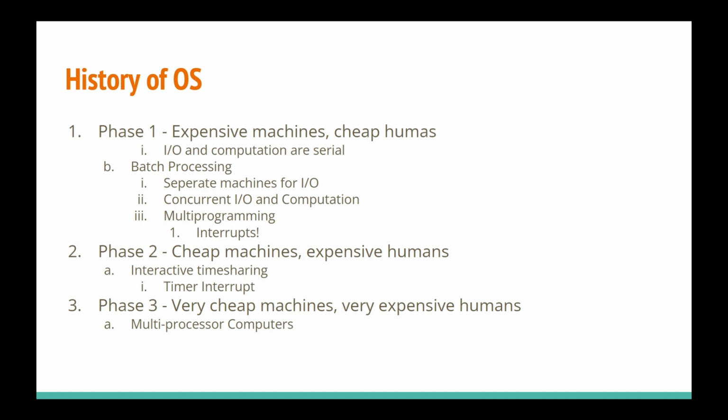After a little while in phase 1, we get to batch processing, which is when we get into punch cards and separate machines for input and output. The separate machines are the machines that take a punch card and put it onto a tape.